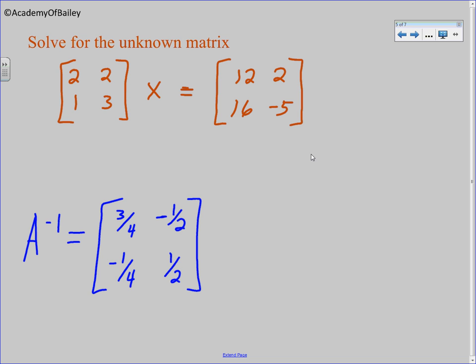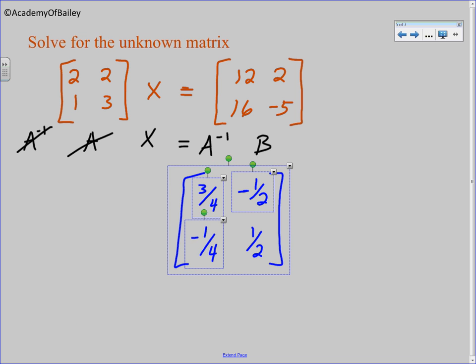Let me go ahead and write down that here's matrix A, and this is matrix X. We're going to multiply it by the inverse. That's equal to, this is matrix B, and multiply it by the inverse also. So we multiplied both sides by the inverse. And on the left side here, remember, the inverse and the matrix A cancel each other out.